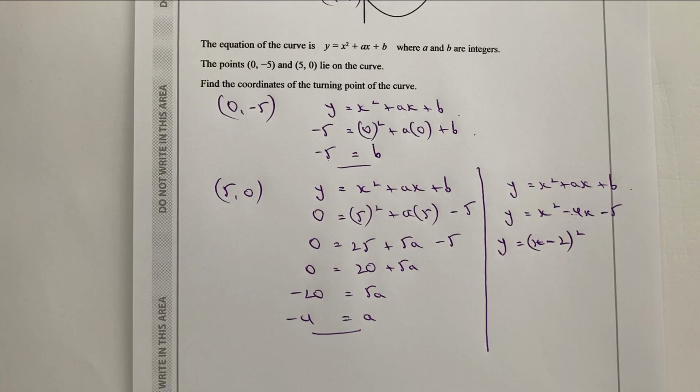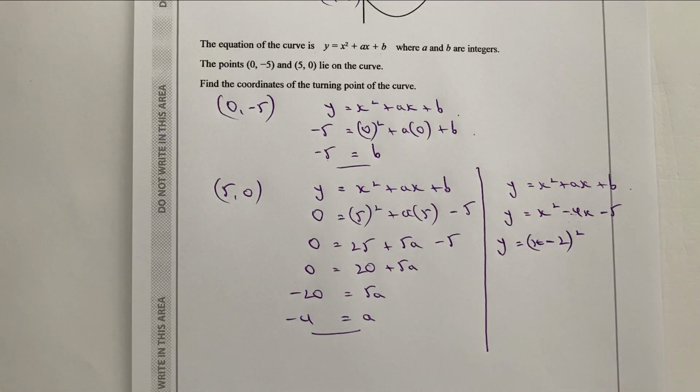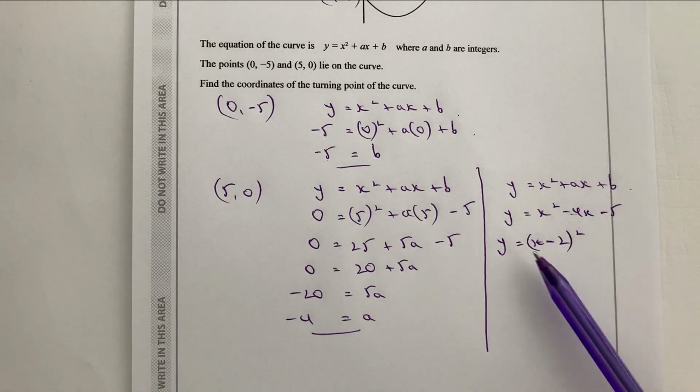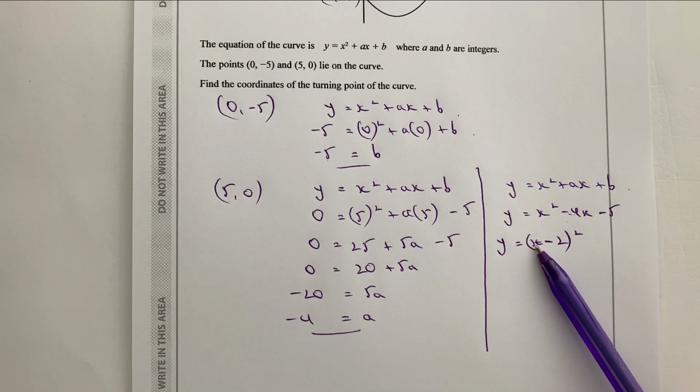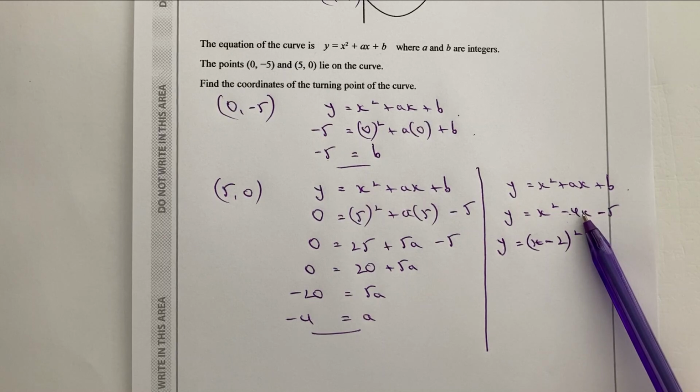Now remember, we're not changing any values, or indeed solving anything. All we're doing is taking this and writing it in a different way, the completed square form. In my head, if I multiply this out, I get x squared minus 4x, which is perfect, no problem.